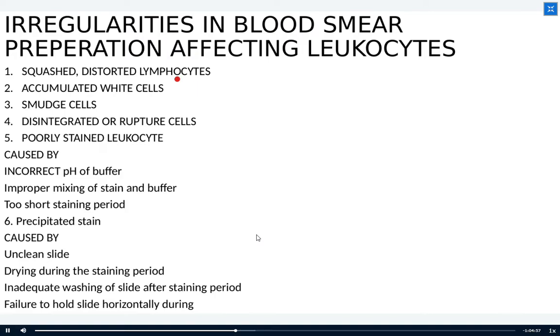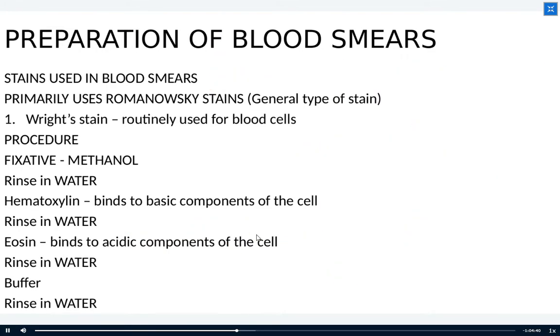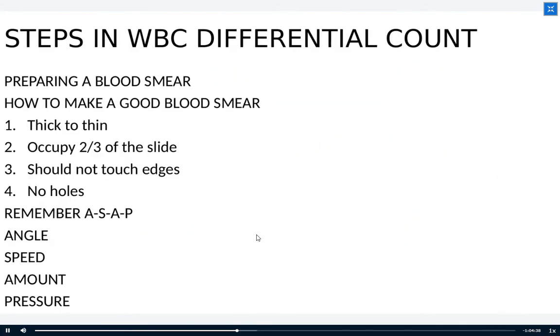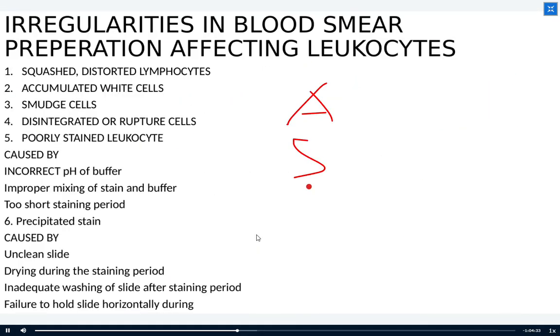Now, in your blood smear, there are irregularities that may happen. One would be your squash or distorted lymphocyte. Last question, based on what we discussed earlier, among the four, the angle, the speed, the amount, and the pressure, which among these four would cause a squash or distorted lymphocyte?